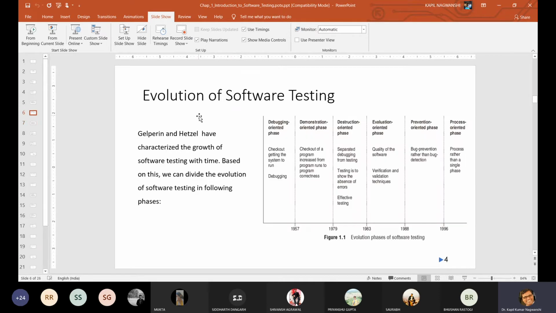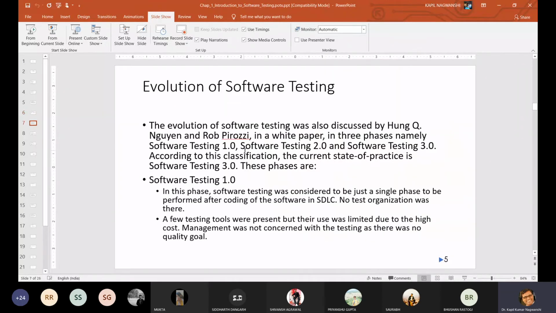Previously we have seen debugging, demonstration, destruction, evaluation, prevention, and process oriented. But nowadays it is 1.0, 2.0, 3.0. So what is inside that software testing 1.0 phase?